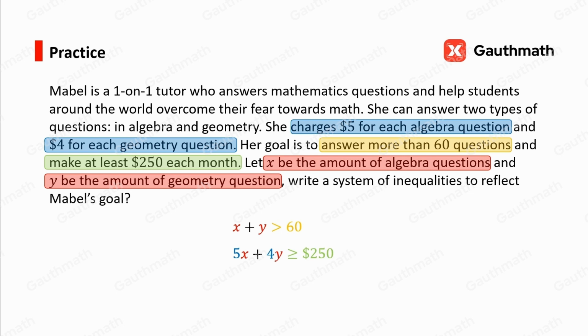Now, 5x is the total amount Mabel will earn from algebra questions: 5 is the unit price and x is the number of algebra questions. And 4y is the total amount of money she will get from geometry questions: 4 is the unit price of a geometry question, and y is the number of geometry questions. Add them up, greater than or equal to 250.